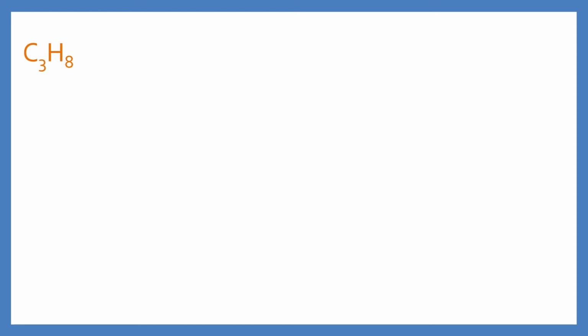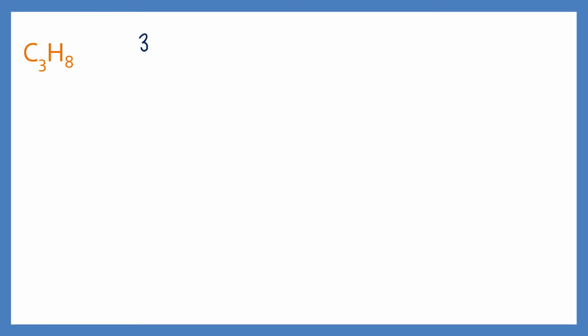So our first molecule is C3H8. So let's think about our rules. The first thing that we're supposed to do is to count up all of the valence electrons. So hopefully we recall, you can look at the periodic table and come up with your valence electrons. Carbon is in the 4th column of the periodic table if you ignore the D block. And so carbon has 4 valence electrons. We have 3 carbon atoms.